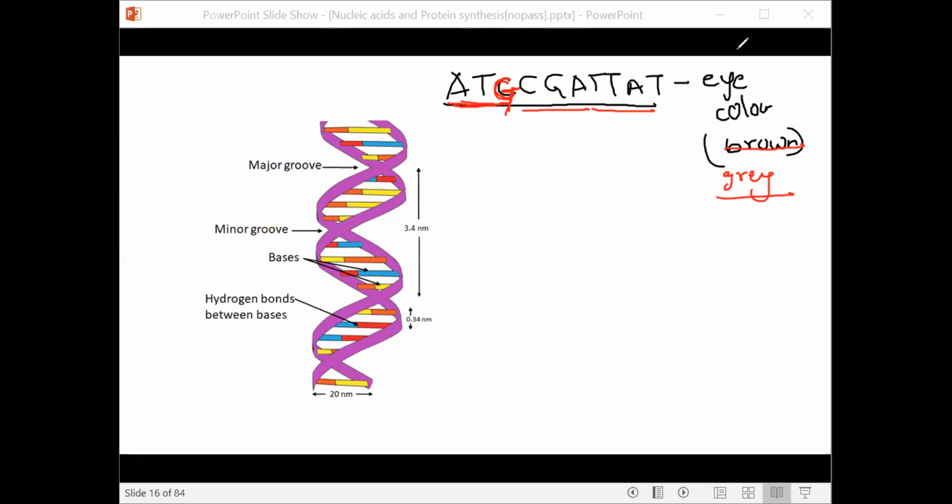Now coming to the other aspects of the DNA structure. The DNA that we are studying, the most commonly found type of DNA in organisms, is generally called B-DNA.